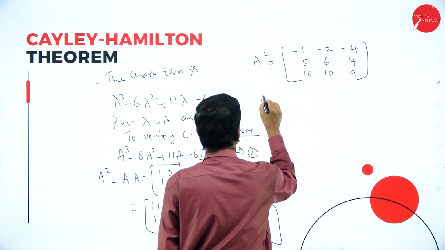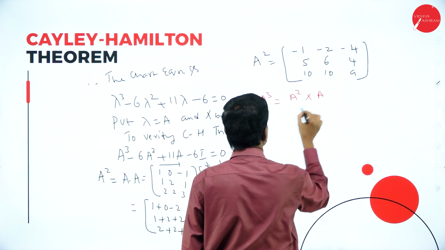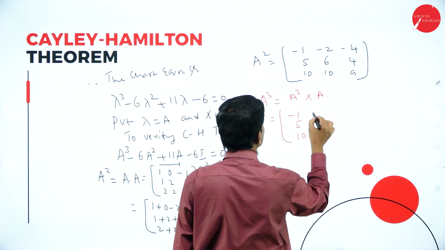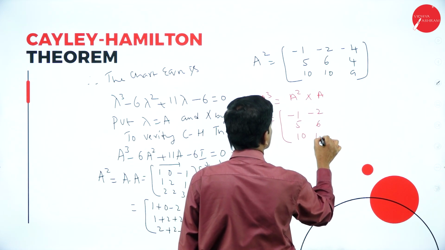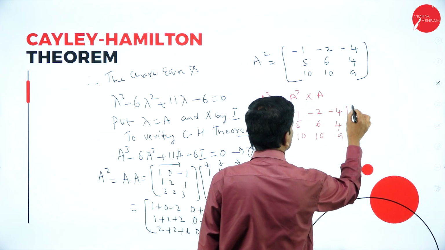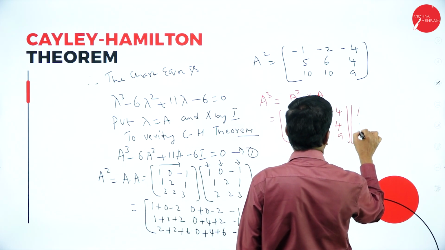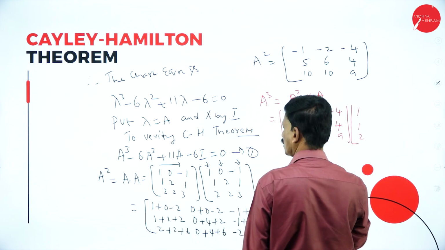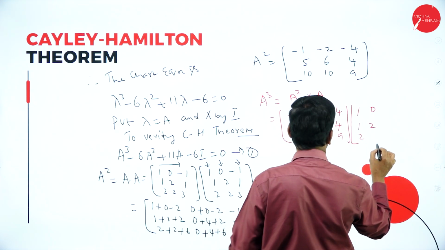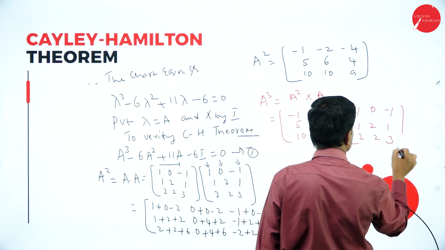Now A cube is equal to A square into A. What is A square? A square is [-1 5 10; -2 6 10; -4 4 9] into A. What is A? A is the given matrix [1 0 -1; 1 2 1; 2 2 3].